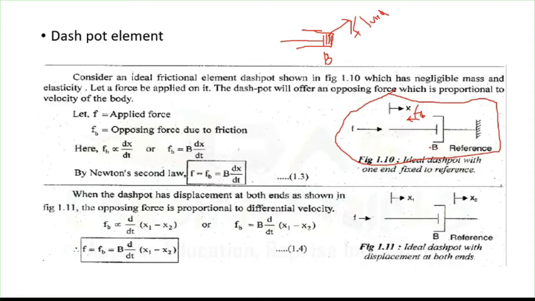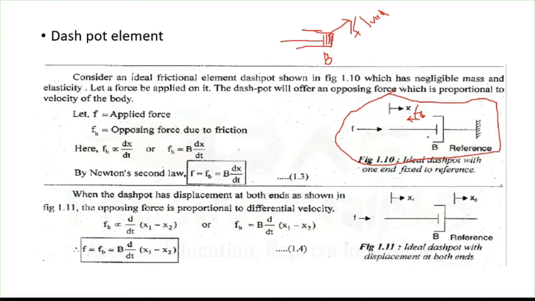So this force is proportional to the velocity of movement of the piston. This is the force equation for a dashpot.